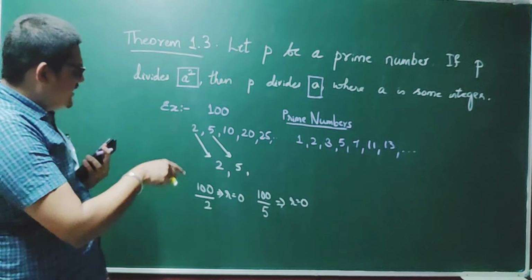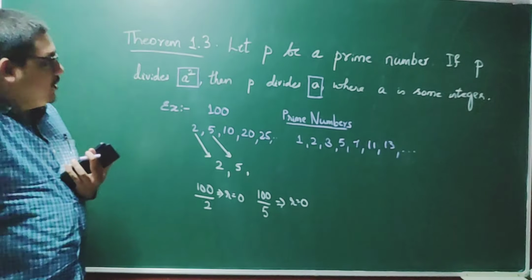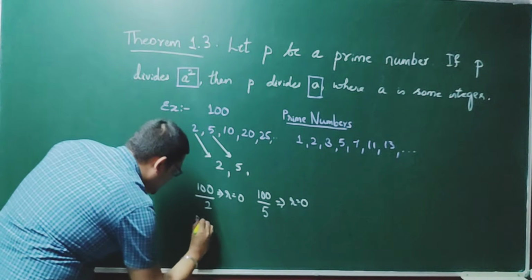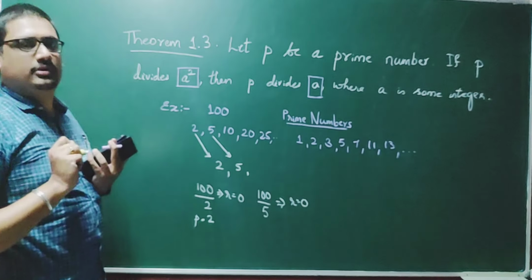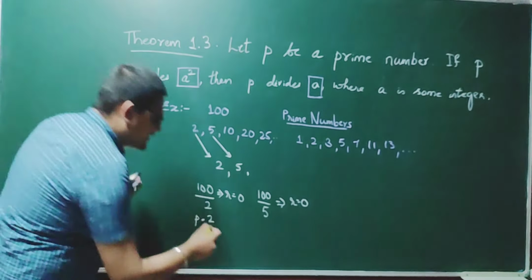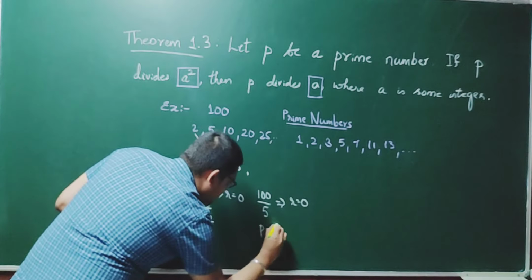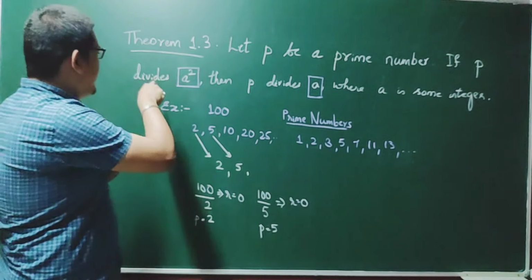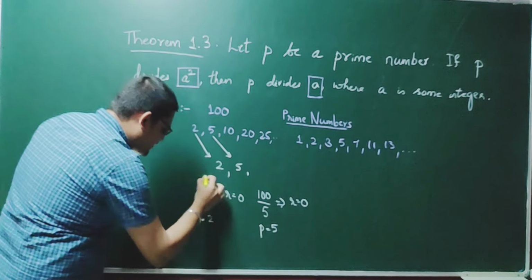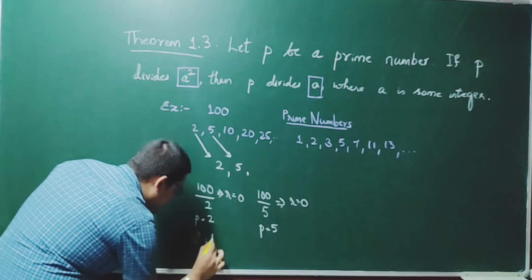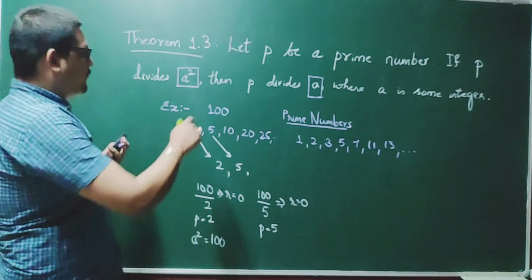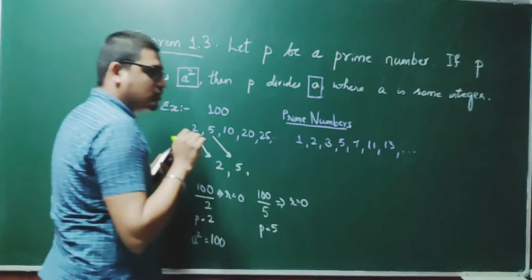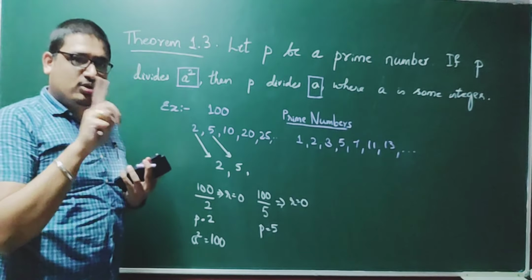Now let us understand this example from the theorem point of view. Let p be a prime number. In this case, let's consider the prime number equal to 2, and also p equal to 5. If p divides a square, in this case a square is 100. If p divides a square, then p divides a. So what is a? A is nothing but the square root of a square.